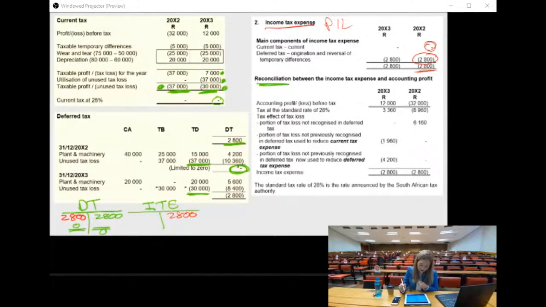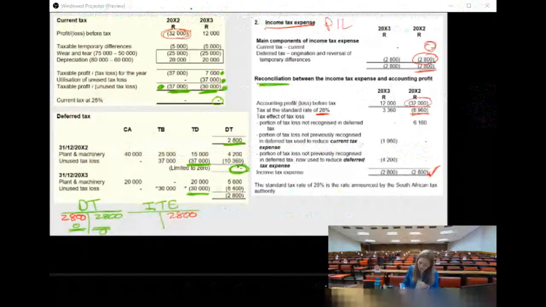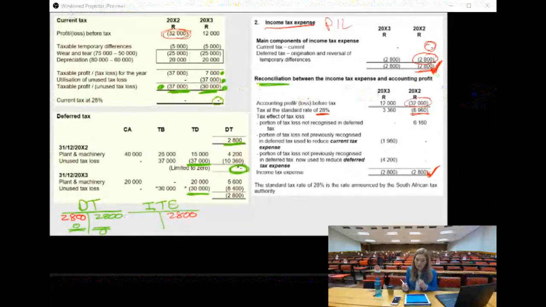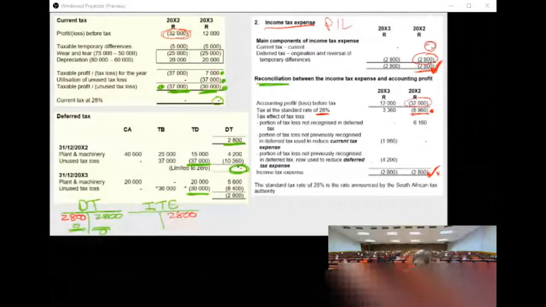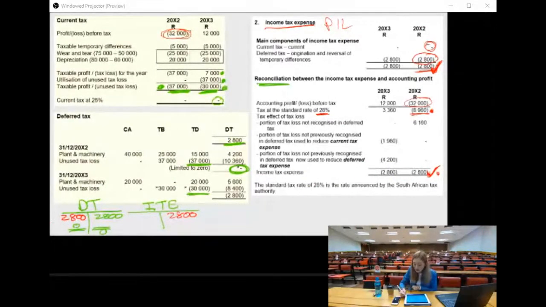Now when we do our reconciliation, we start with our accounting profit, the 32,000 accounting loss. We multiply that by 28%, and we get to 8,960 income. However, the total that we have is 2,800 negative income. Okay, so we have to reconcile the 8,960 to the 2,800. And the reason why there's a difference is because over here we could not recognize the full unused tax loss.